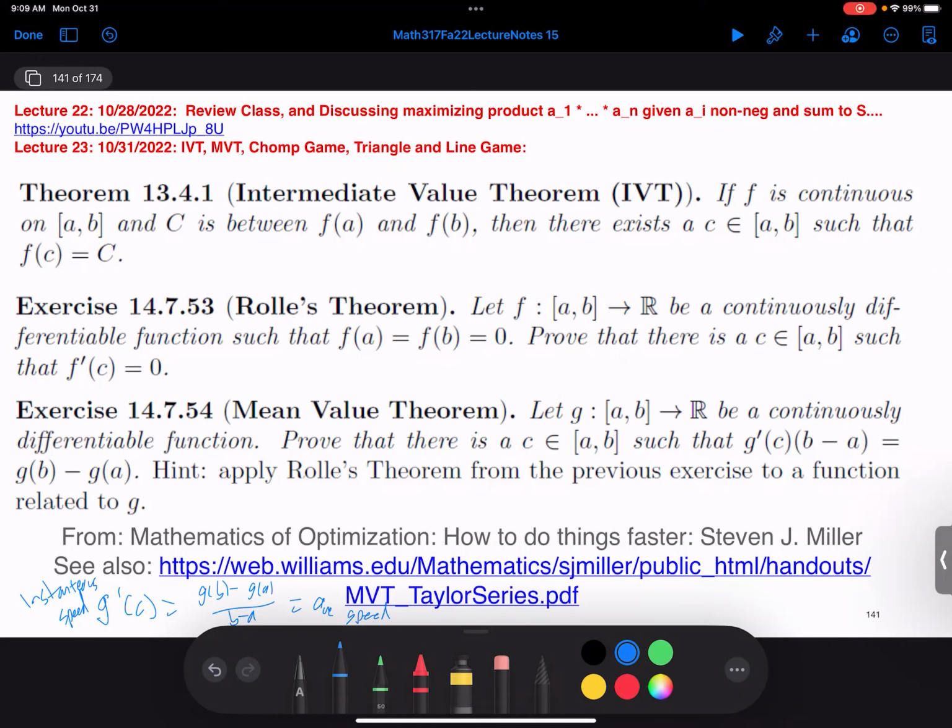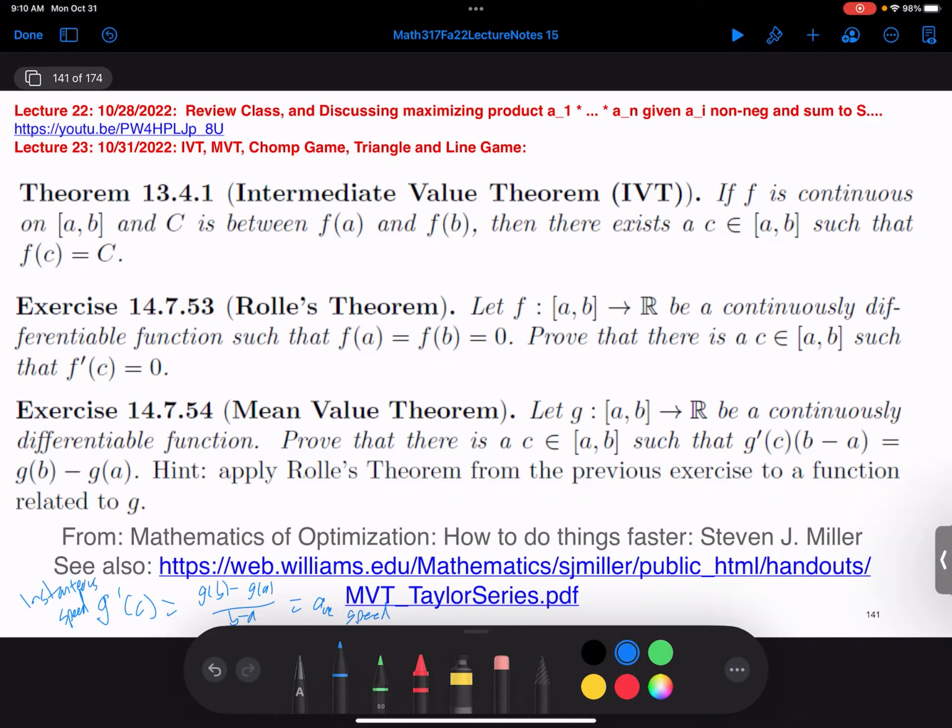Well, I mean, maybe my average speed is 50 and I could start off at 60. But what would happen if I'm always traveling above the average speed? So if my average speed is 50 and I'm always traveling greater than 50 miles an hour, what can you tell me about my average speed? It's greater than 50, right?